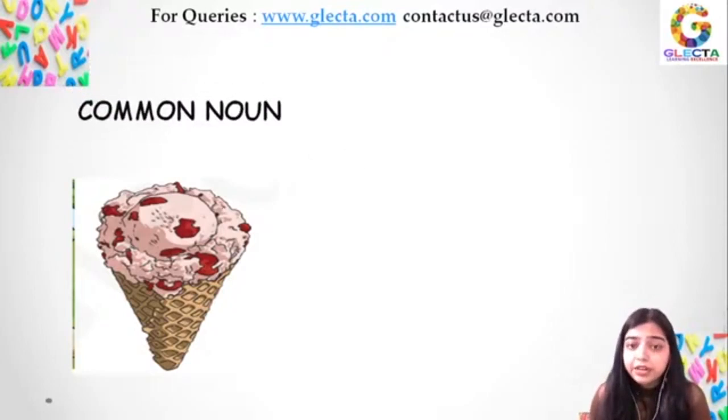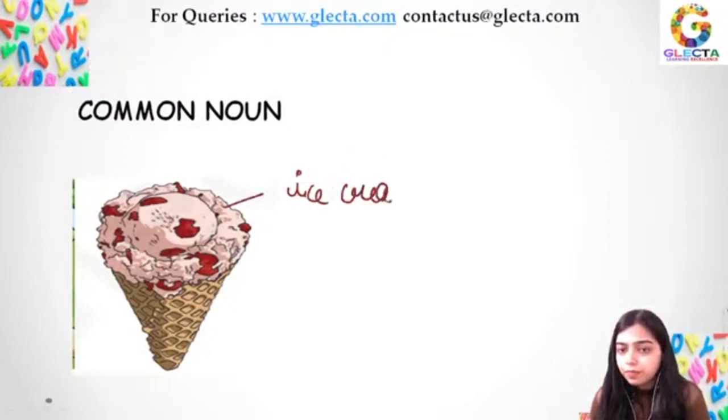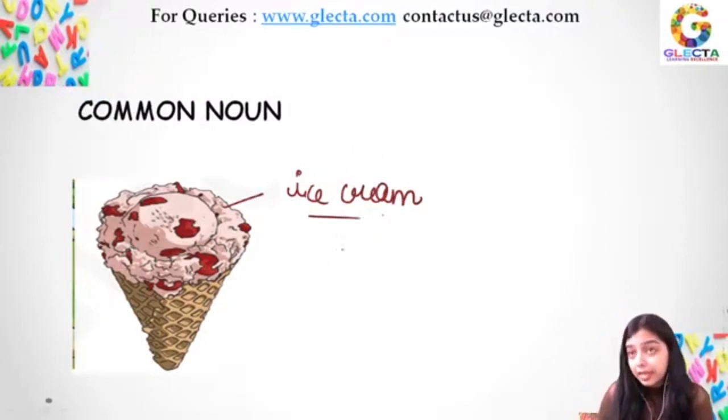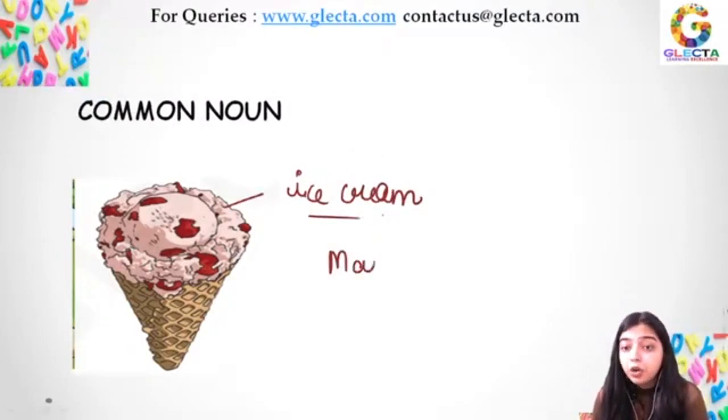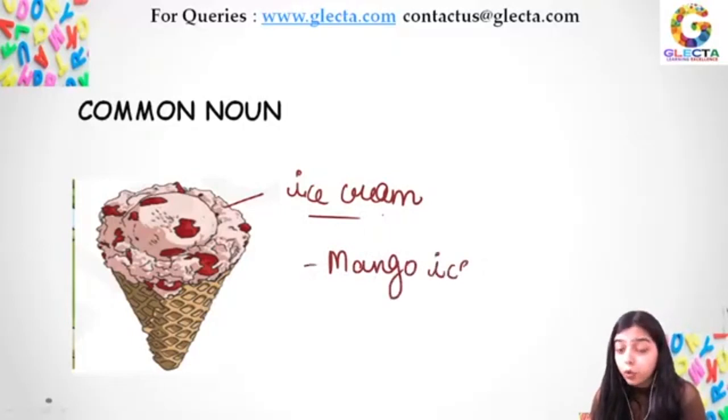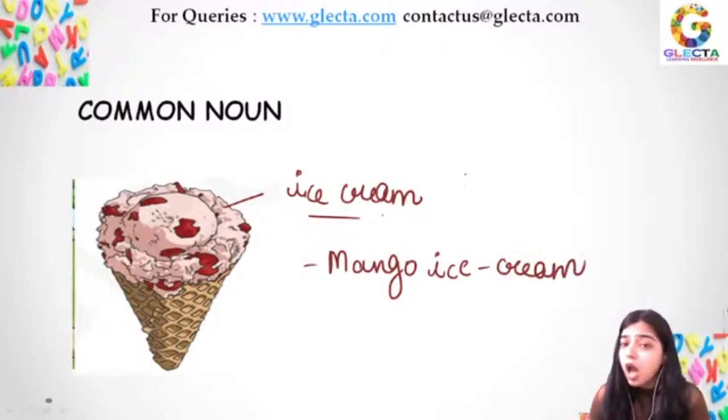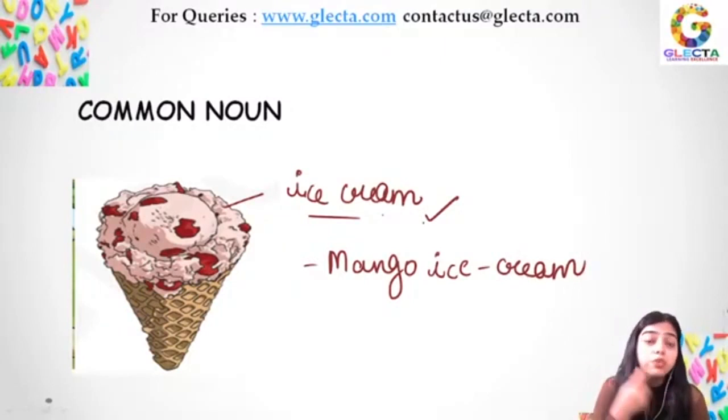For example, here I just mentioned an ice cream. And then I mentioned a mango ice cream. I hope you are able to clearly look at the difference. In the first case, let's just mention an ice cream, there is no specific character, there's no specific flavor.